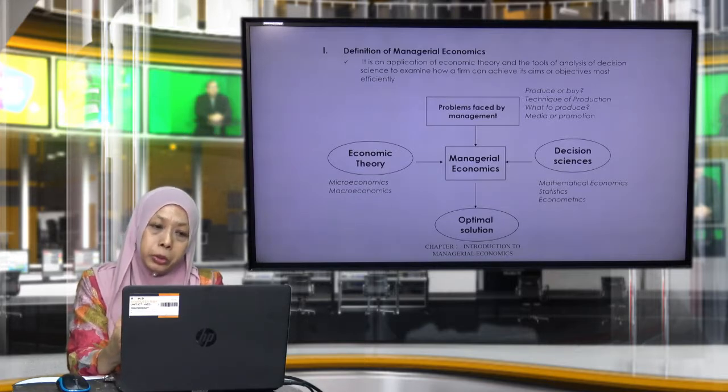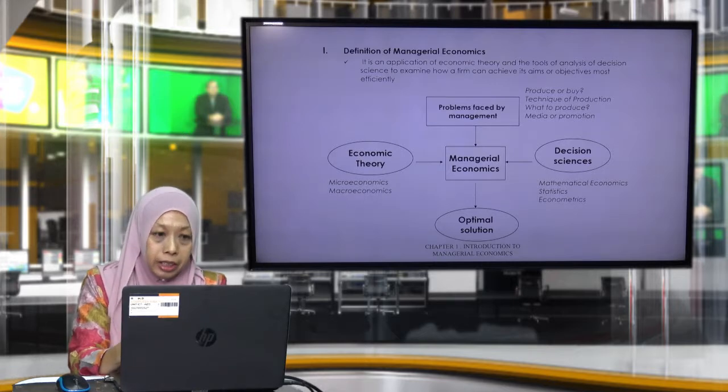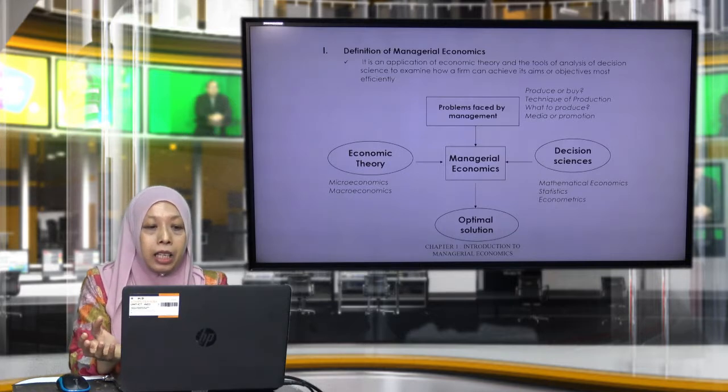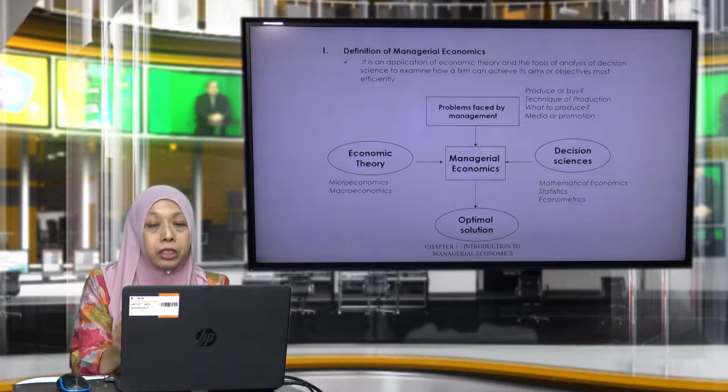What we would like to do in managerial economics is solve these problems using 2 things: economic theory and decision sciences. Economic theory can be divided into 2: microeconomics and macroeconomics.